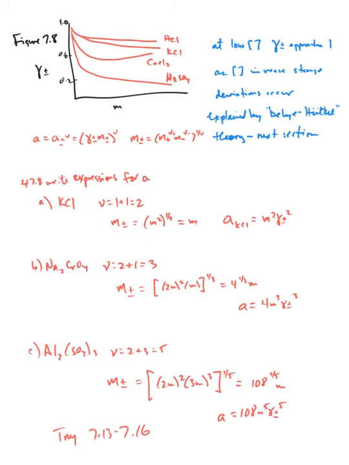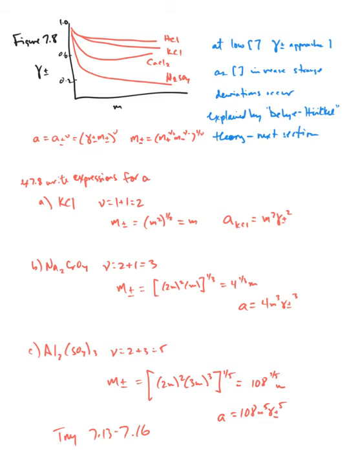Let's take a look. Figure 7.8 here shows you the deviation from ideal for a variety of electrolytes. At really, really low concentration, the mean ionic activity coefficient approaches 1, and as the concentration gets bigger, you can deviate quite a bit.